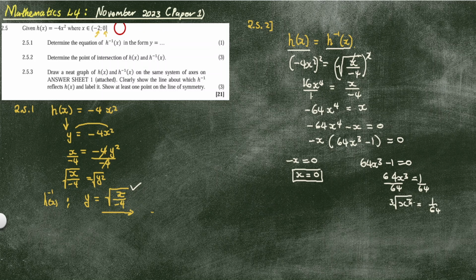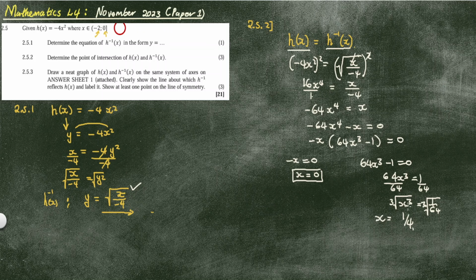Taking the cube root on both sides, x becomes the cube root of 1 over 64. I'm thinking 4, but I want to verify. Yes, it is 1 over 4. So the next x is 1 over 4.